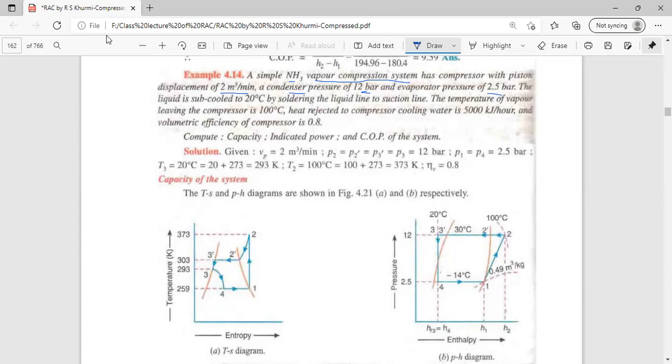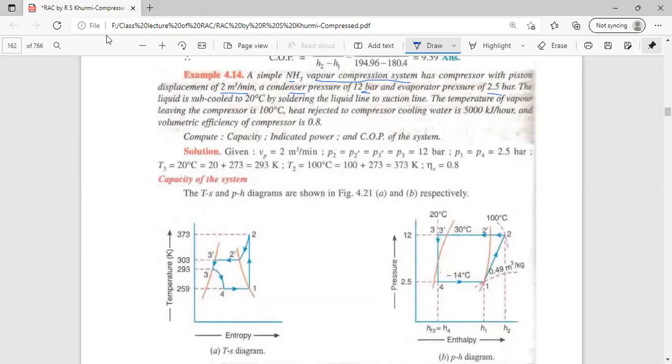The liquid line is supposed to be joined with the suction line. The suction line is the line of the refrigerant system from the evaporator to the compressor itself. That is the suction line.